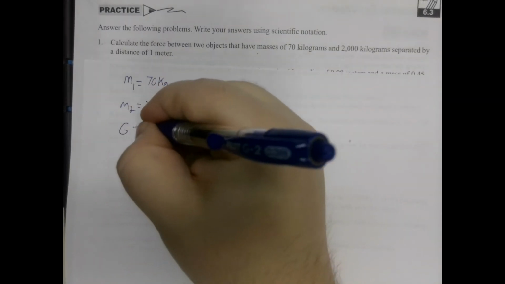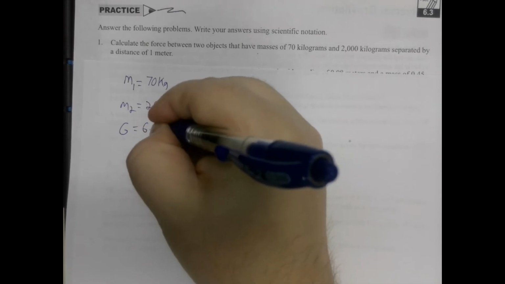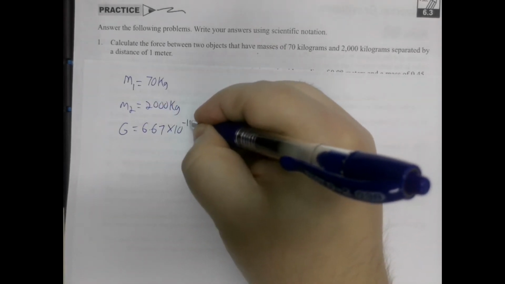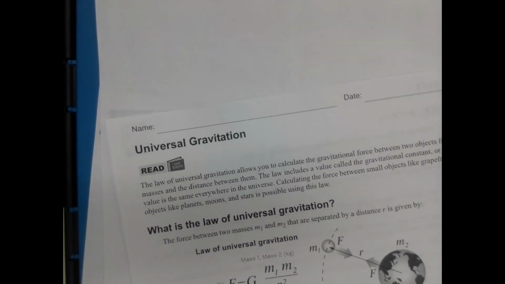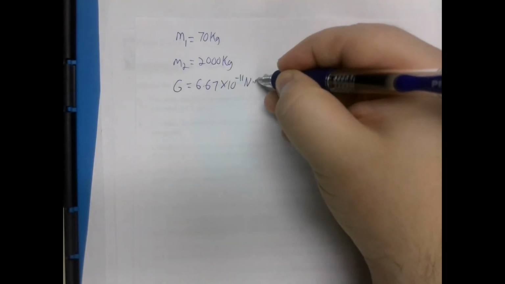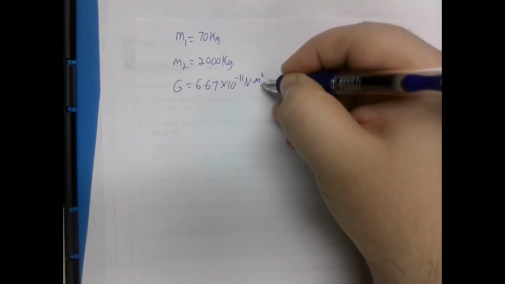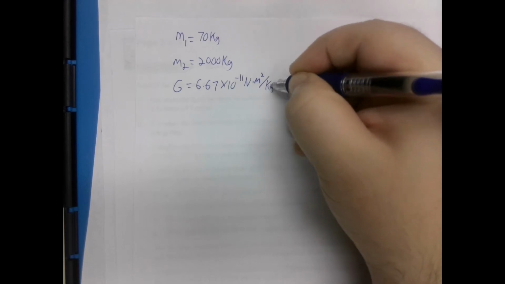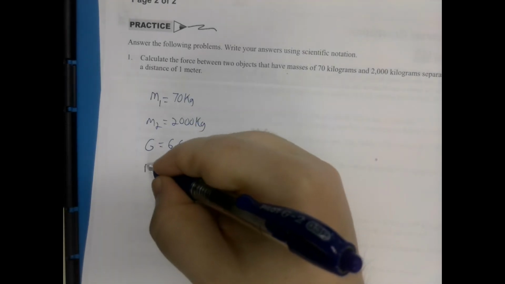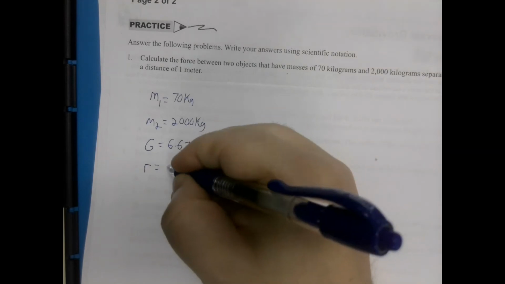Capital G is always 6.67 times 10 to the negative 11, and it's newtons meter squared per kilogram squared. And it says a distance of 1 meter. So we use R to represent distance.